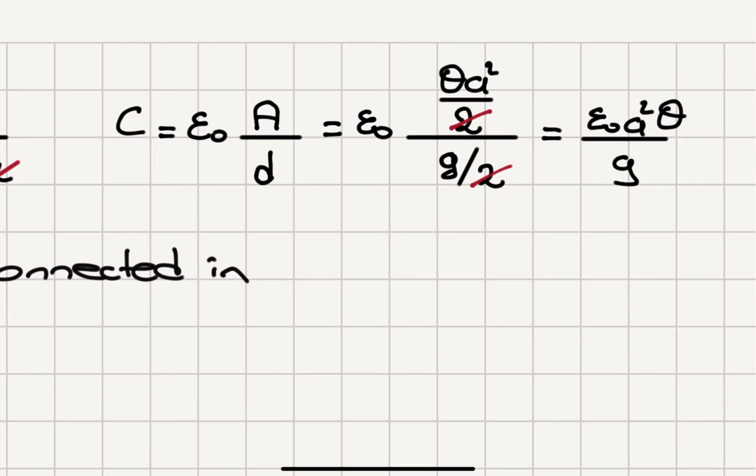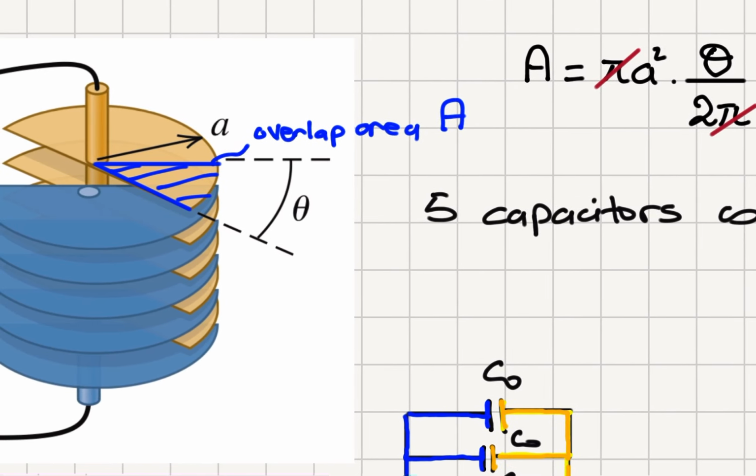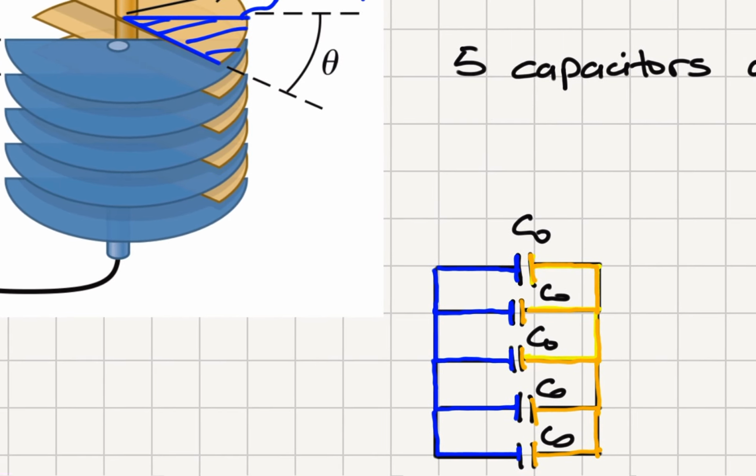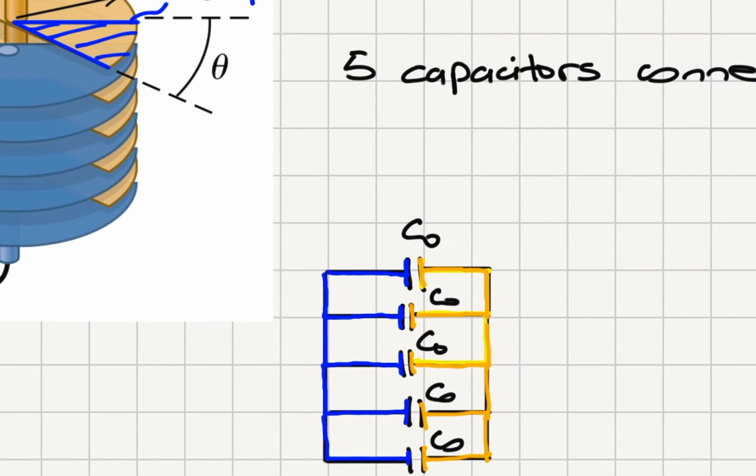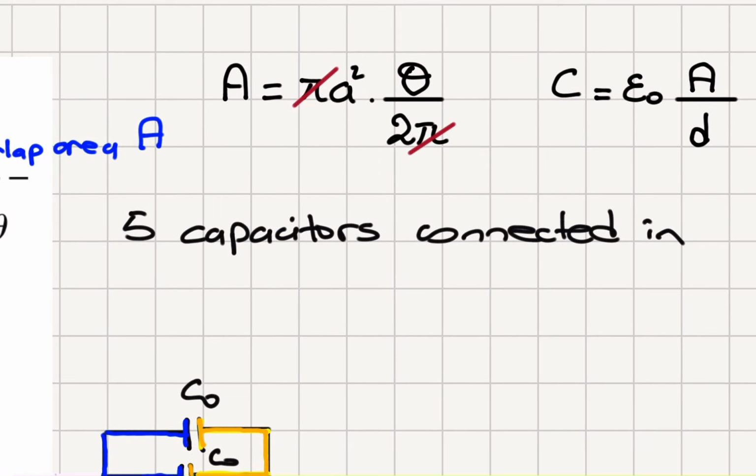But that's just for two plates. So that's basically considering these two plates, one capacitor. In reality, I have 5 of them, 5 of the plates connected to the same terminal here, 5 of the other plates connected to a different terminal. So they each have a capacitance C0.